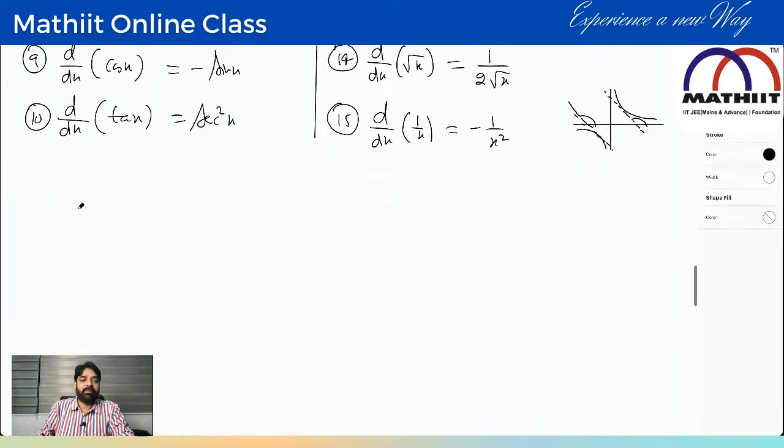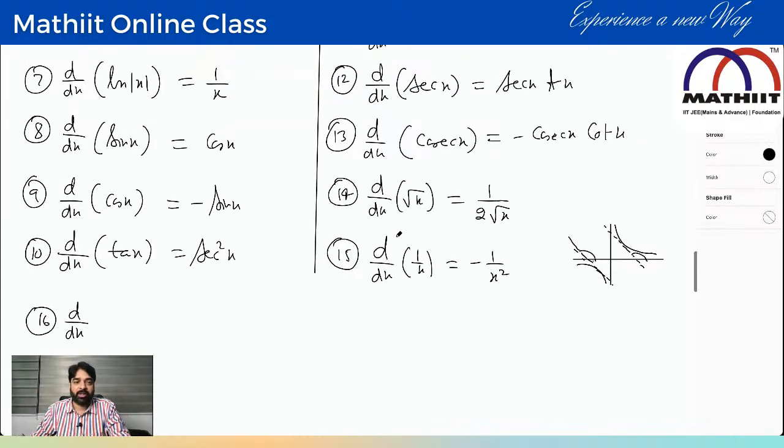Now the last part of the formulas, the inverse trigonometric functions. You will notice one thing: the derivative of an inverse function will be either always negative or always positive, in between will not happen. Watch it.